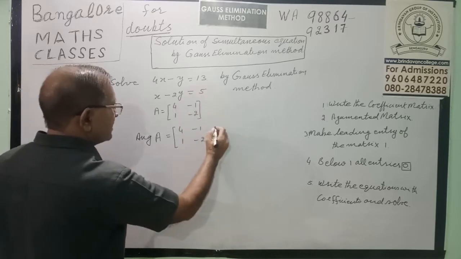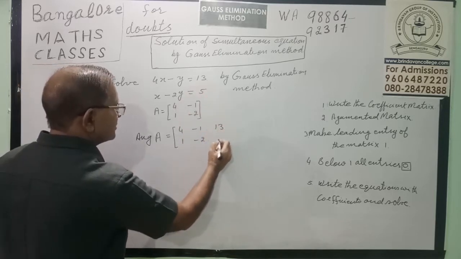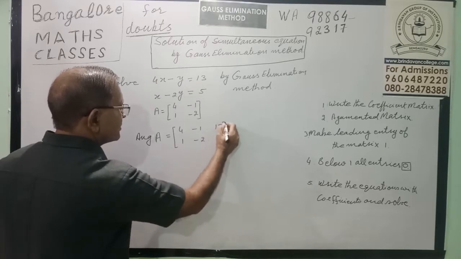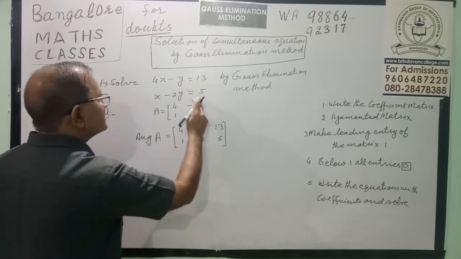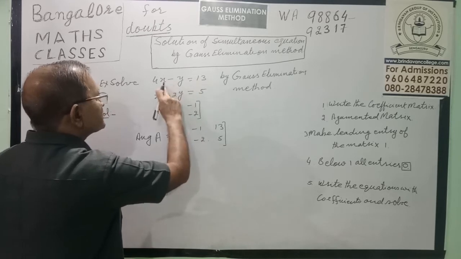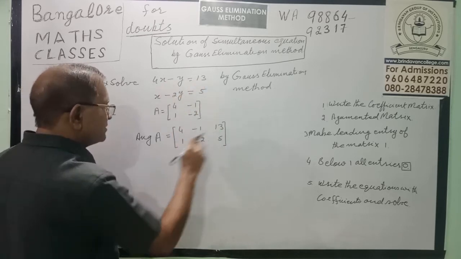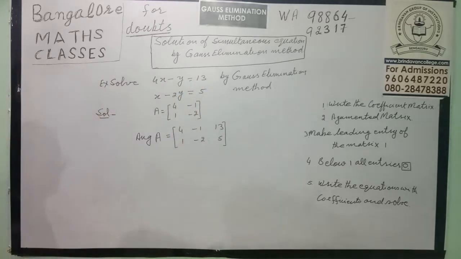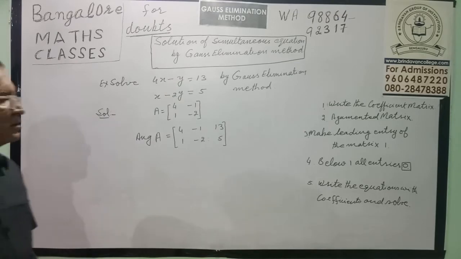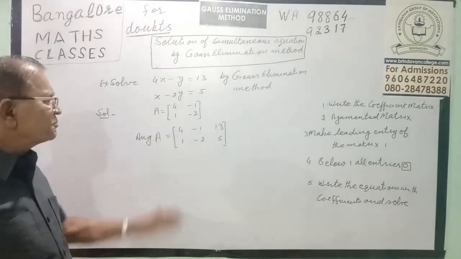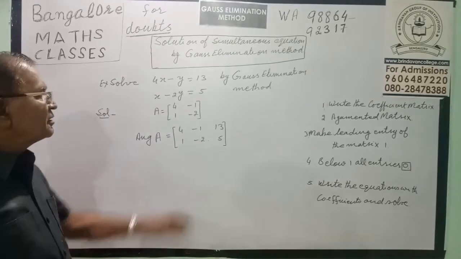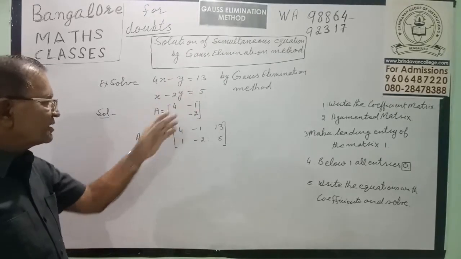Then extended also we call it as 13 and 5. 13 is there in the first equation, 5 is there in the second equation. How simple? Simply write the matrix and add RHS. We call it as the augmented matrix.